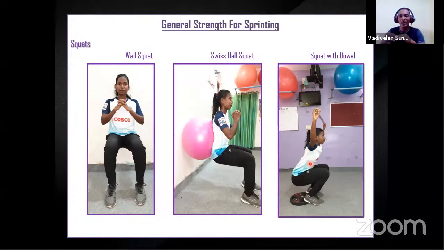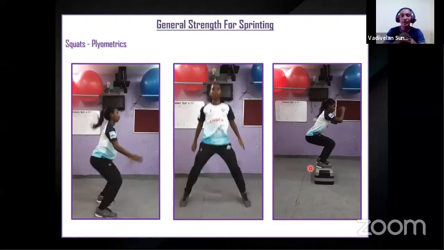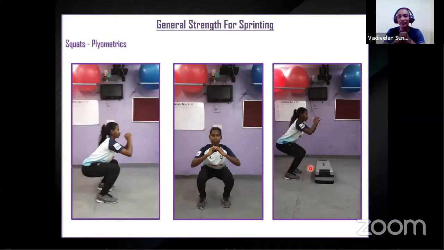You can promote a little bit of external weights. This is only by body weight. Usually the training should begin with the athlete's own body weight. Once the stability and mobility have been achieved properly, then he or she can be promoted to external weight. For external weight, you can use dumbbells, you can use barbells. The next one is the plyometric actions. You can add a squat along with your jumps.